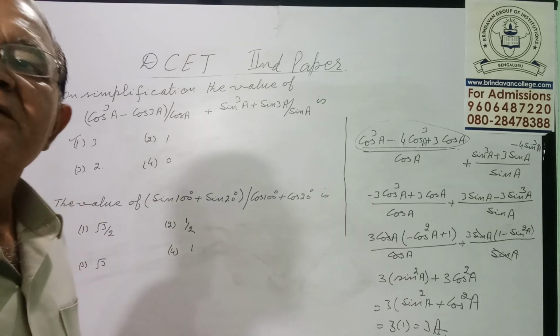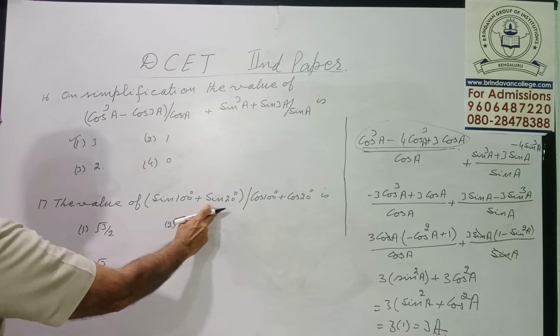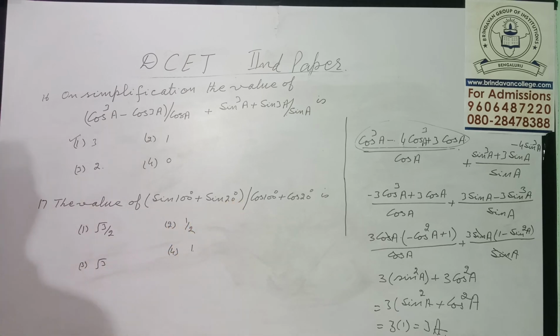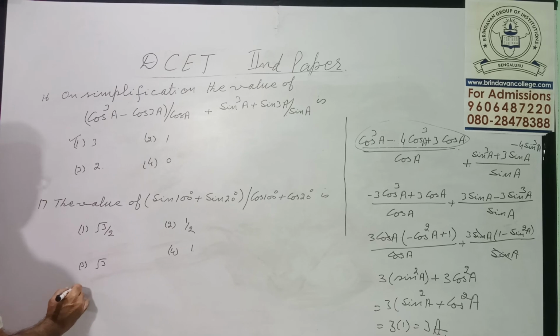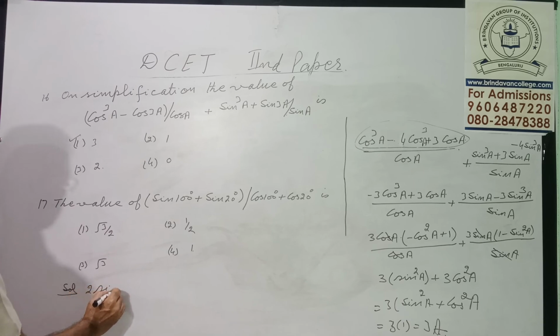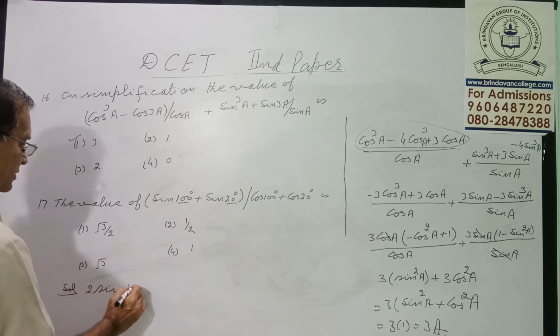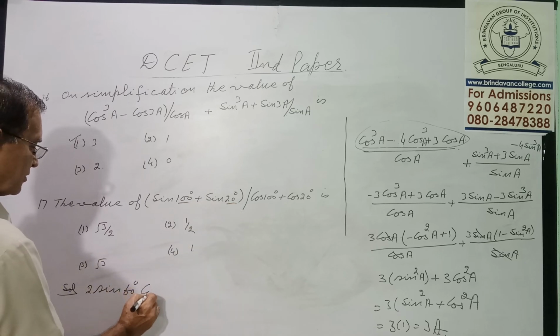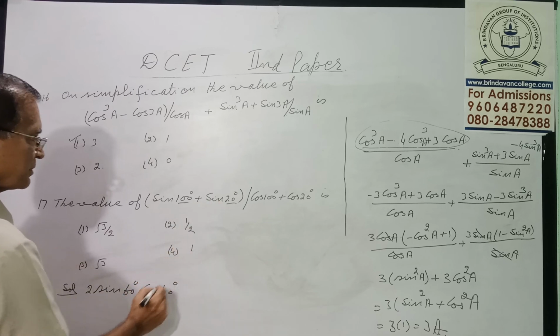Then see the next one. That is the value of (sin 100 plus sin 20) over (cos 100 plus cos 20). See here, use the identity for sin C plus sin D, which is 2 sin (C plus D) by 2 cos (C minus D) by 2. 120 by 2 is 60, 80 by 2 is 40 degree.